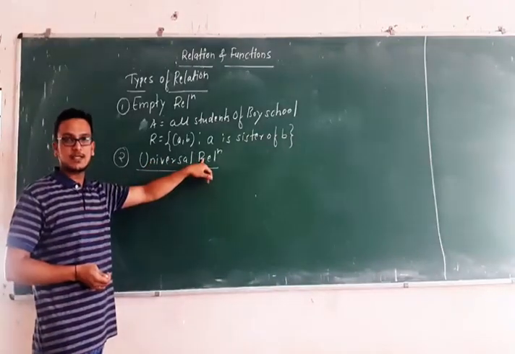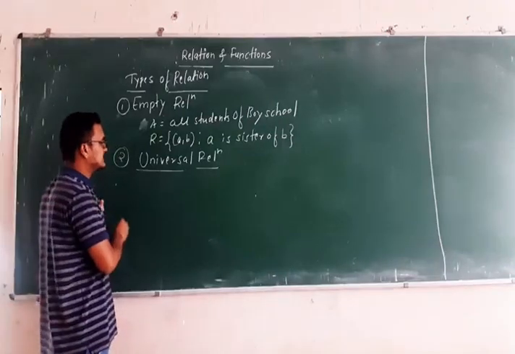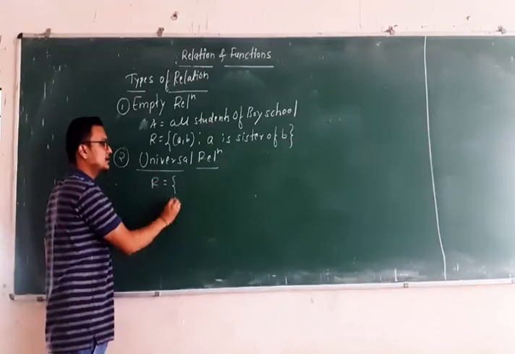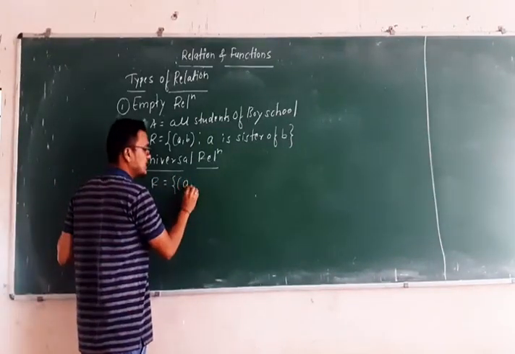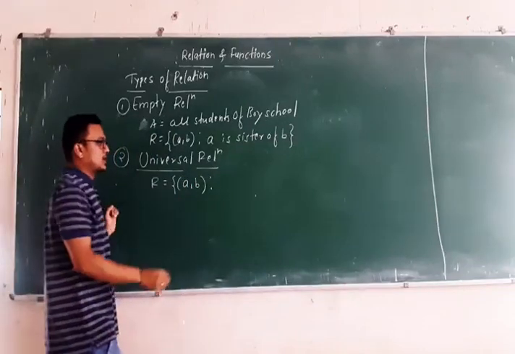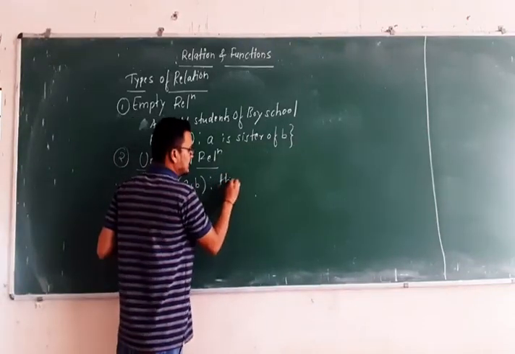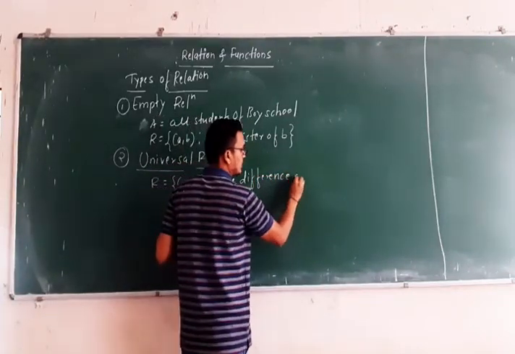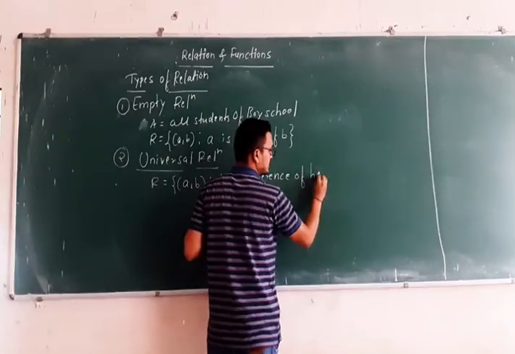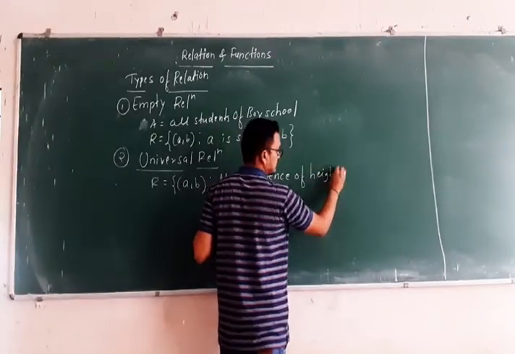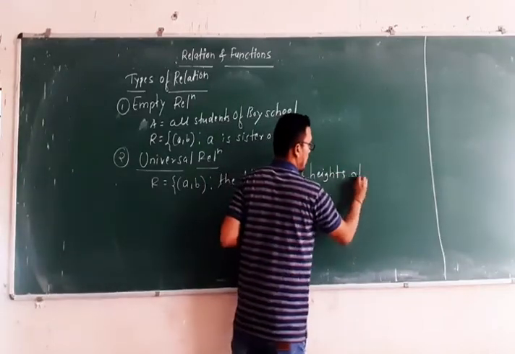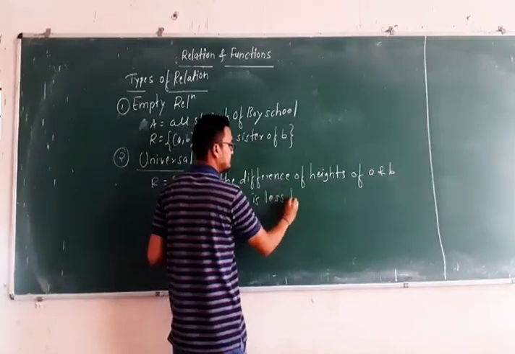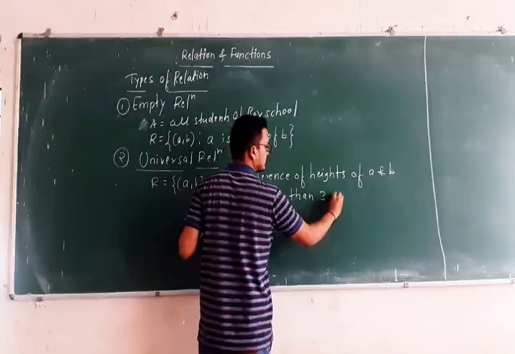Even for this I will take an example. I will take the same set A, but define a different relation. The set of all ordered pairs (a, b) such that the difference of heights of a and b is less than 3 meters.